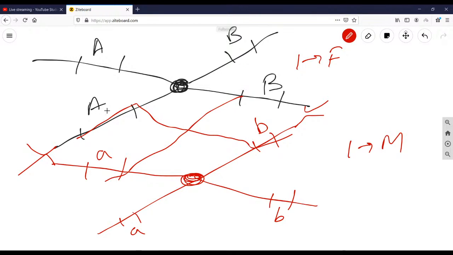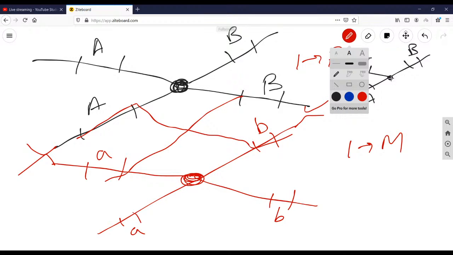You expect A with this B and this B with this A. So after crossing over, this side will be the same A, B. This side will be capital A, but this will be small b.